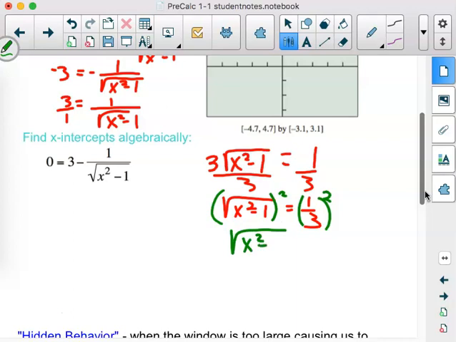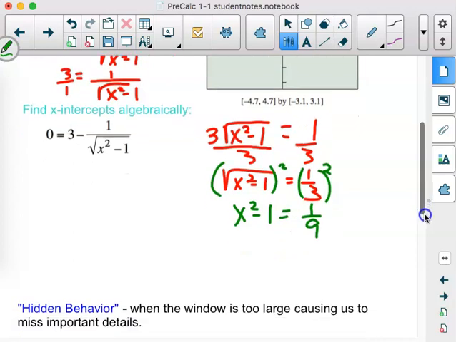And actually, this is the step where you would want to start thinking, okay, when you raise both sides of an equation to an even power, it's possible that you will get extraneous solutions. That's one of the things that happens. So at this point, you might think, hey, I better check this with my graphing calculator when I get done.